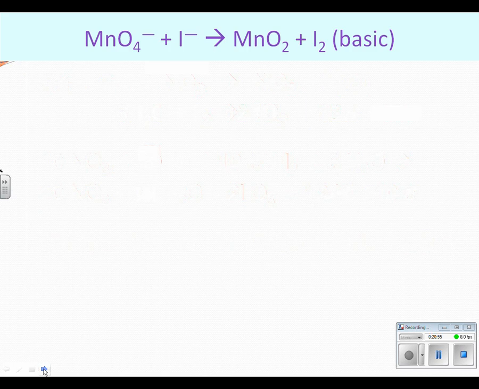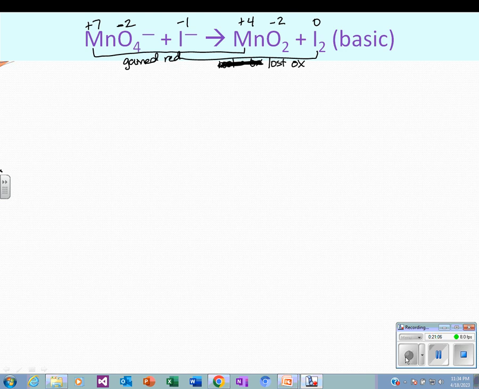All right, next one. Same thing. Got to find our oxidized and reduced first. All right, so oxygen's a minus 2. So that's minus 8. And it has to be a minus overall, so manganese is plus 7.